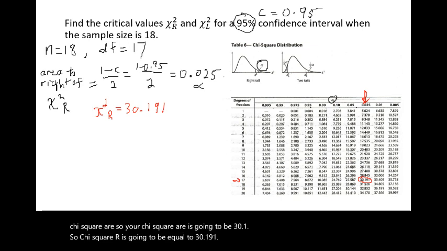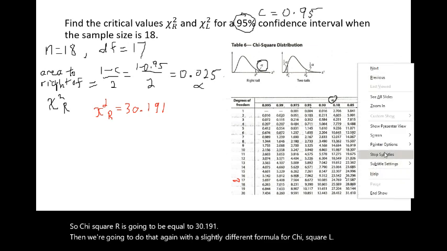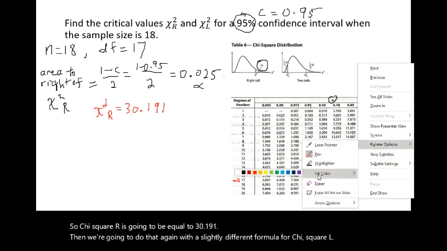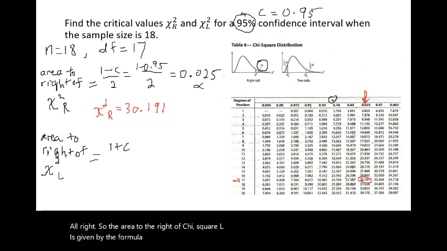Then we're going to do that again with a slightly different formula for chi-square L. The area to the right of chi-square L is given by the formula (1 plus C) over 2.